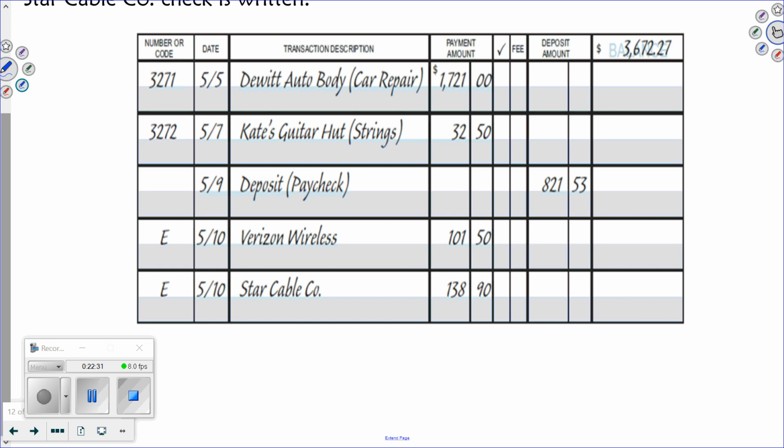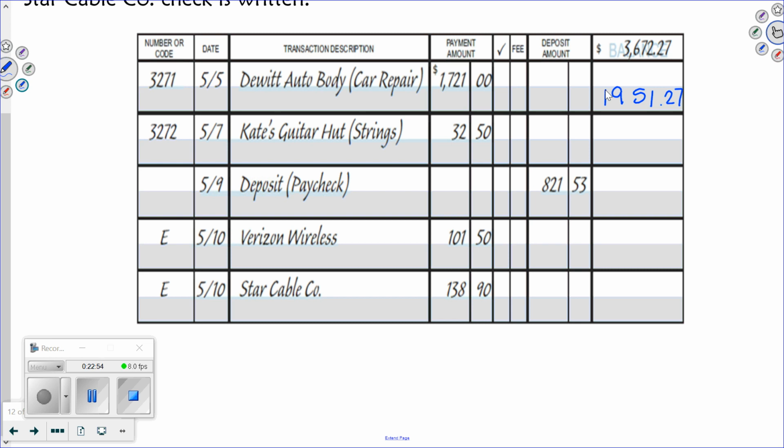So start with the 3672.27. This is a check that he wrote. It is in the payment amount, so that gets subtracted. 1951.27.